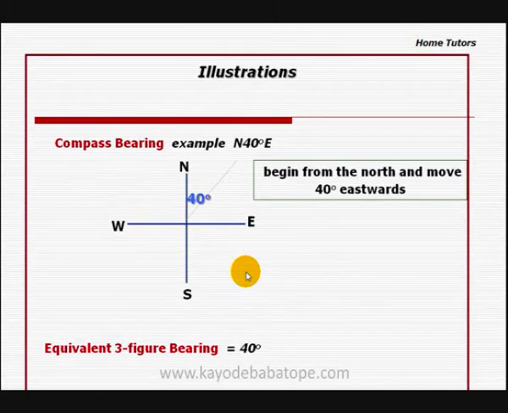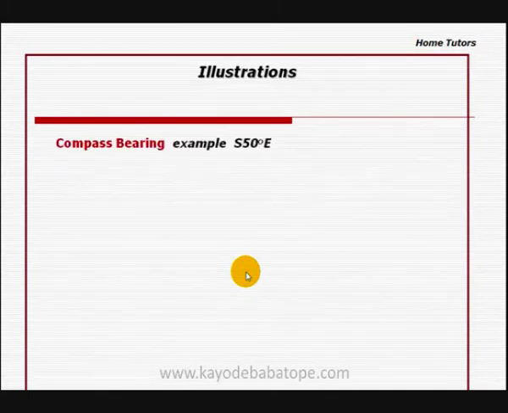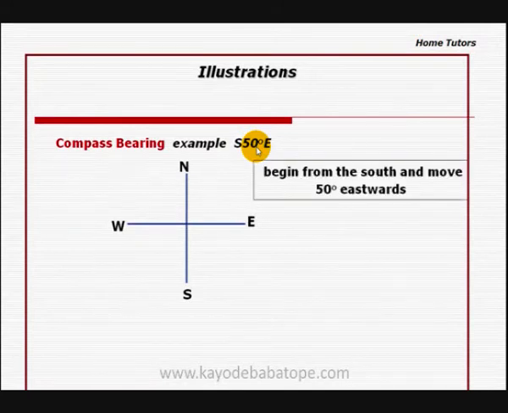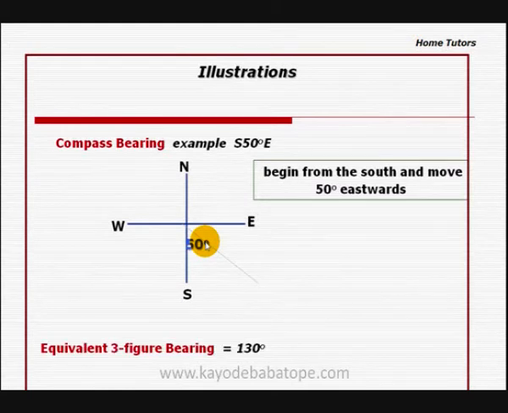Another illustration, for example, consider the compass bearing that states south 50 degree east. What this means is this: beginning from the south, move 50 degrees eastwards. So this is a compass bearing. And the equivalent three-figure bearing for this compass bearing is 130 degrees, because 130 degrees is always with reference to the north.